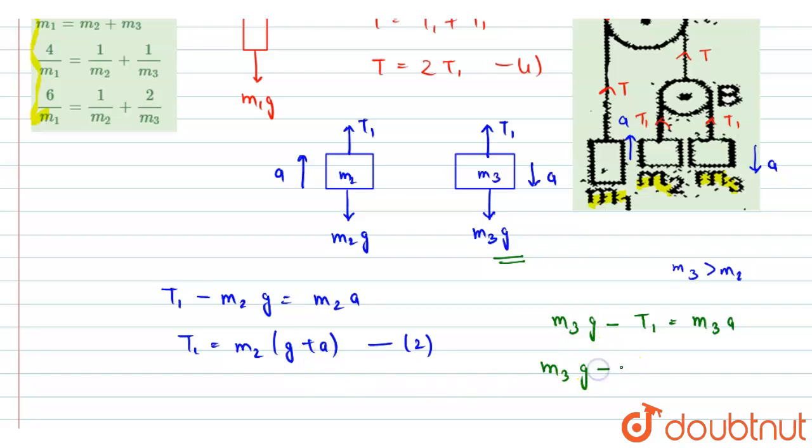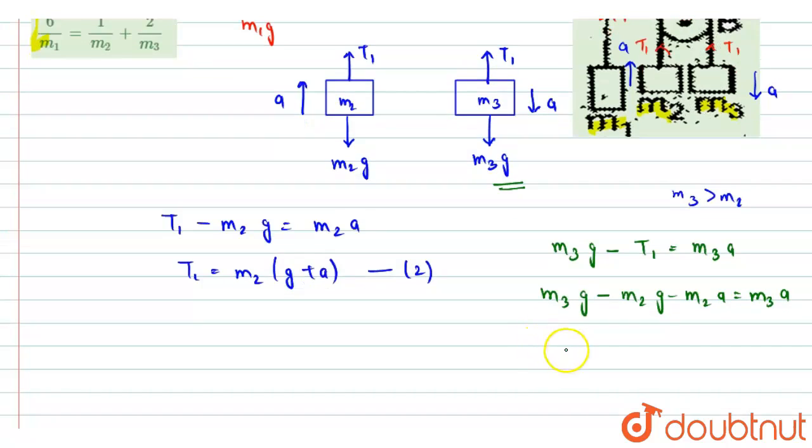So we will get m3g minus m2g minus m2a equals m3a. From here, after solving this equation, we finally get the value of acceleration as g times m3 minus m2 whole divided by m3 plus m2.